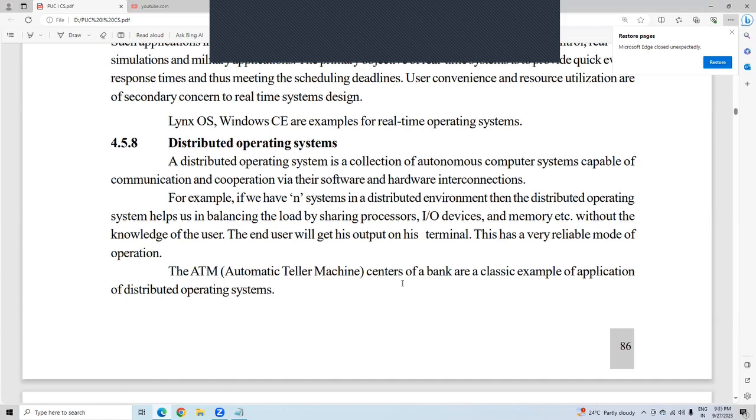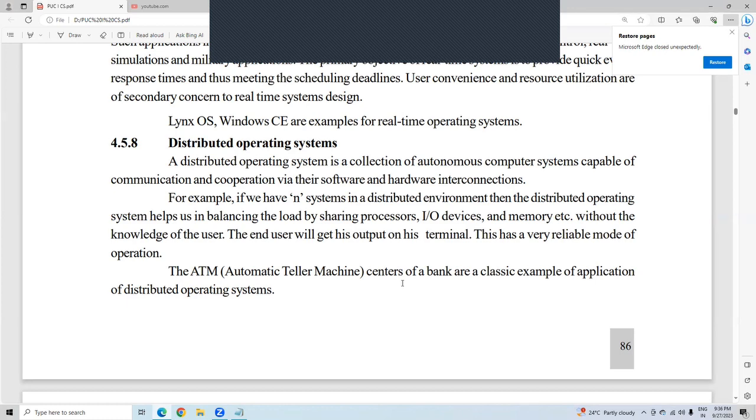So there, whatever the loads are, the task of processing the jobs and operations, when the load increases, without the knowledge of the user, internally the distributed operating system, as the name says, distributed, will distribute the excess load across multiple processors, and then the final result will come in time.